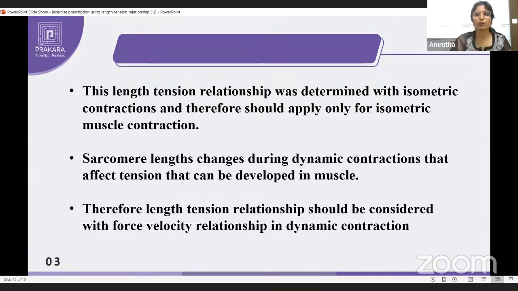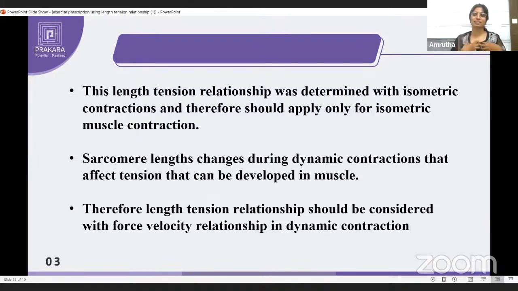So coming back to exercise prescription here, I just told you there is a twist at the end, that exercise prescription with length tension relationship is just 1/3 of the exercise prescription which you will be giving. There are overall 3 different factors which describe the force of the muscle. The first factor here is length tension relationship.